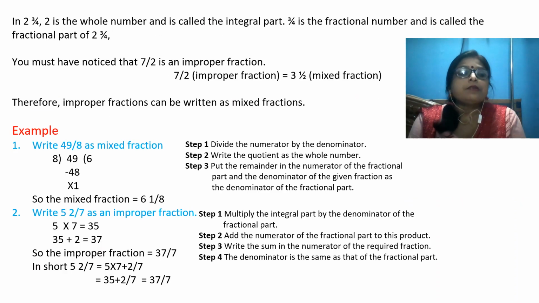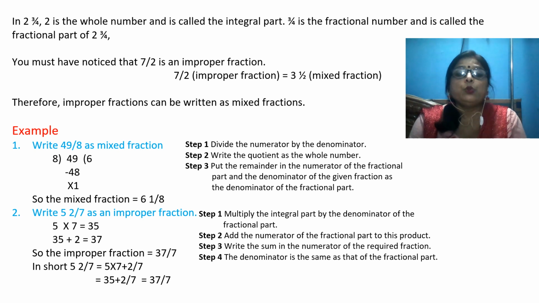My dear students, in the last slide, I taught you about the mixed number or mixed fraction. Here, in this example, 2 whole number 3 by 4 means it is the combination of a whole number and a proper fraction. 2 is the whole number and it is also called the integral part, and 3 by 4 is the fractional number, also called the fractional part.